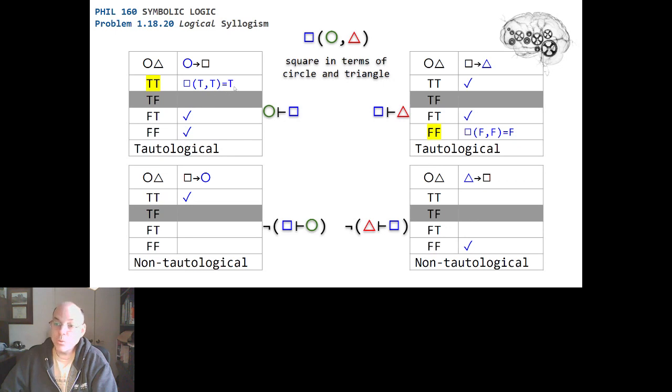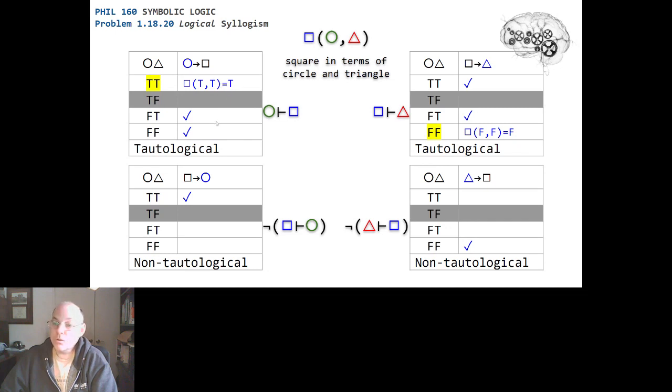So in order to make this first case true, we need the value of square to be true, because circle is already defined as true. And if we were to allow square to be false, we would get a false value for this argument, and then we'd have a non-tautology.